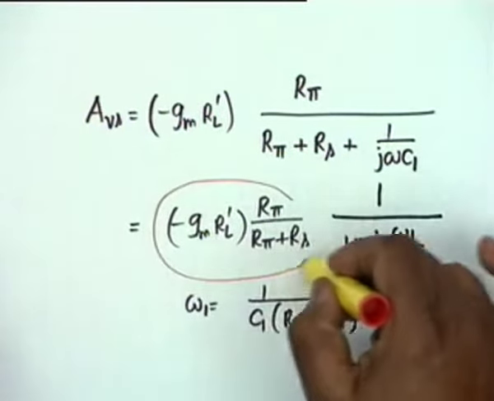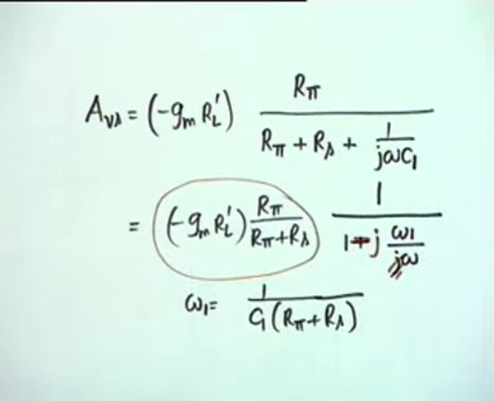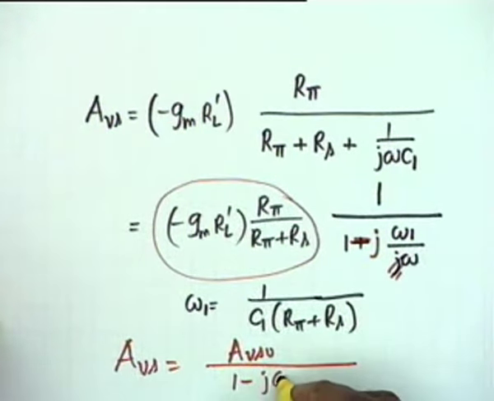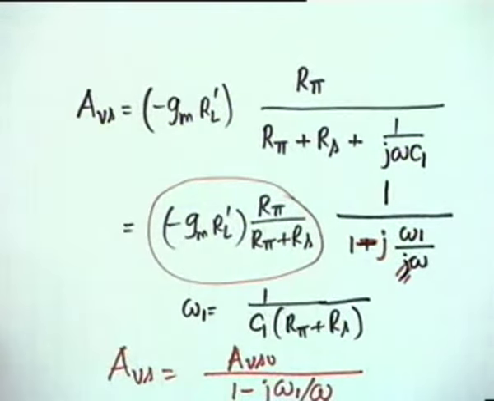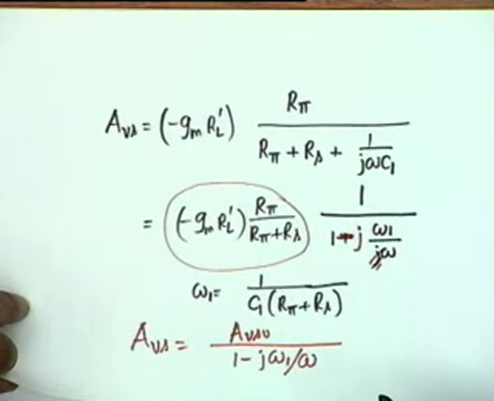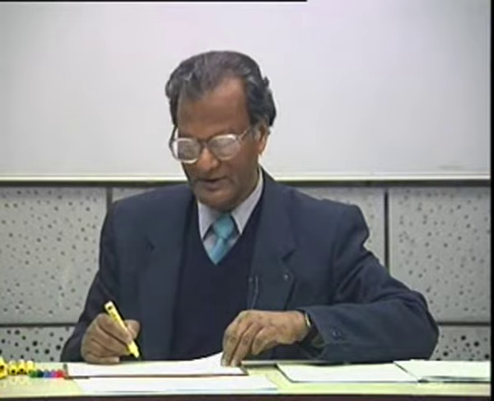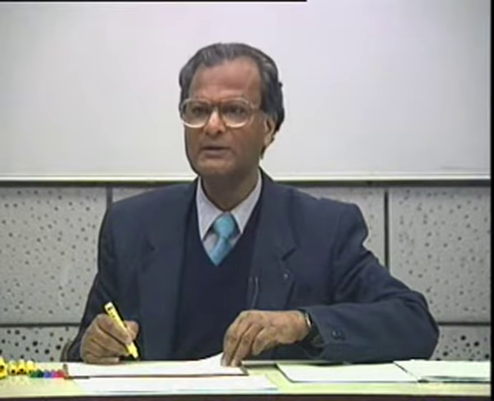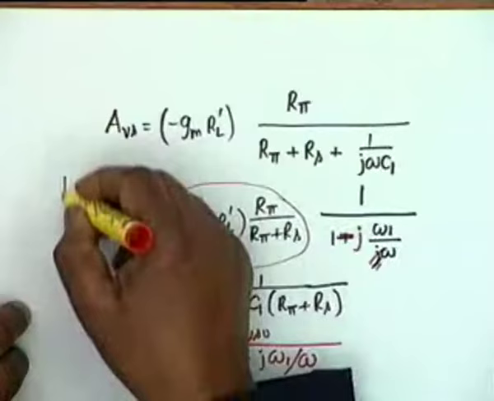Also notice, what is this factor? This is the mid-band voltage gain, AVS 0, alright. So I can write AVS as equal to AVS 0 divided by 1 minus j omega 1 divided by omega. As expected, this is a high pass filter, and if C2 and CE indeed go to infinity, then omega 1 will be the 3 dB low frequency cutoff.